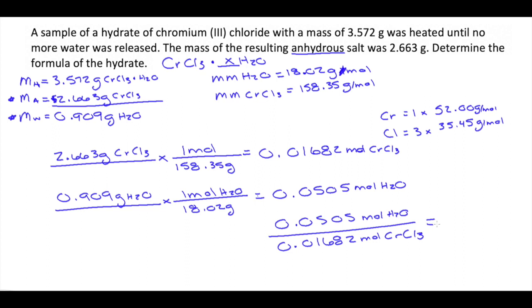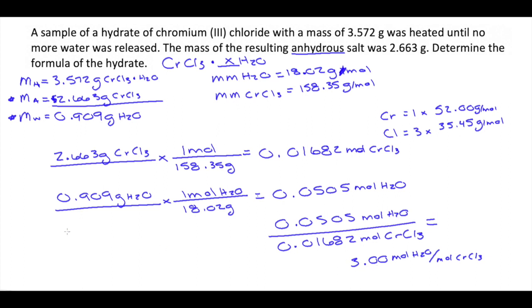Plug that into my calculator, and I end up with 3.00 moles of water for every mole of chromium 3 chloride, right? And that's not quite my final answer, but that is what I'm going to be putting into my final answer.